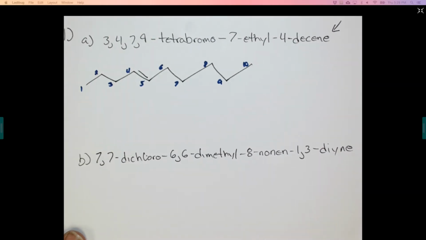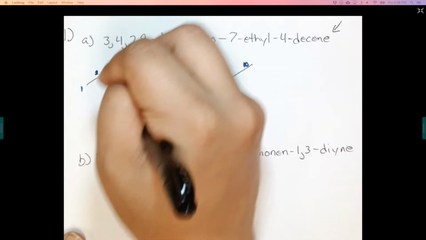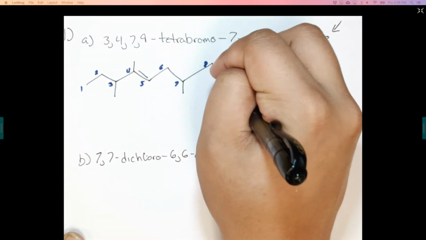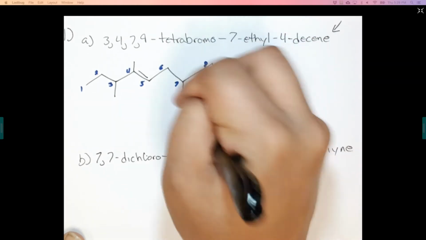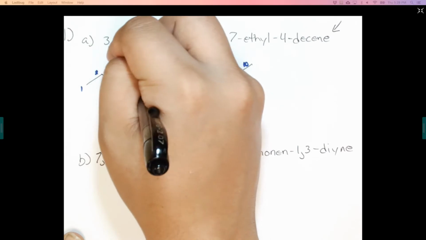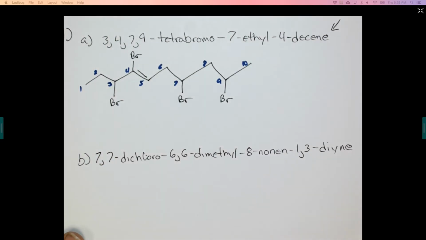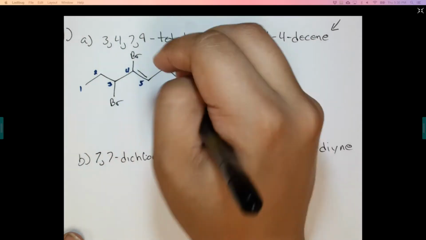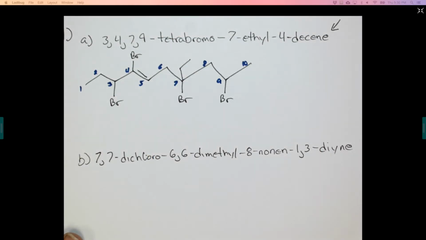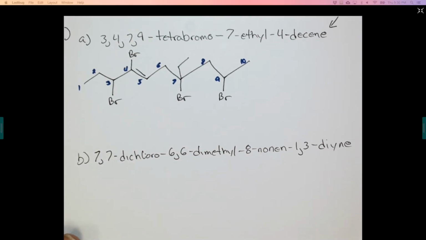We know that at 3, 4, 7, and 9 there are bromines, so we can put our bromines there. At 7, we also have an ethyl group. And there we have our molecule.